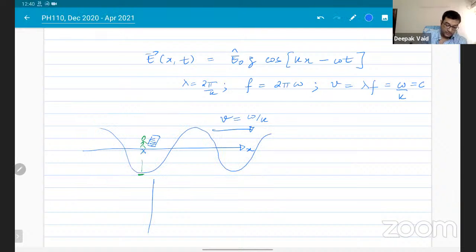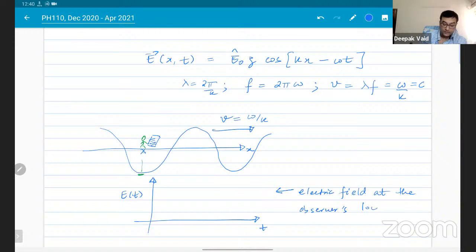This observer will find that the electric field E of t, what is this? This is the electric field at the observer's location, meaning at a single fixed point in space.